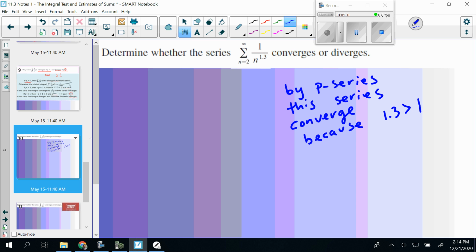Anytime our power is bigger than 1, then our series is going to be convergent. So our p on this one, that's our power here, our p is 1.3. That's bigger than 1, so this would be a convergent one.